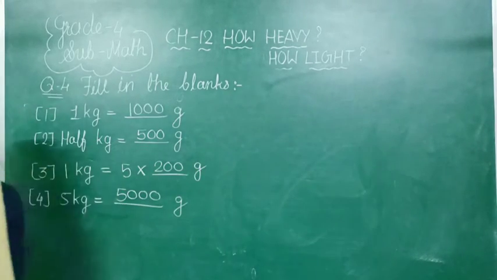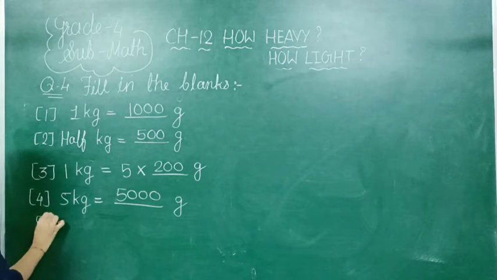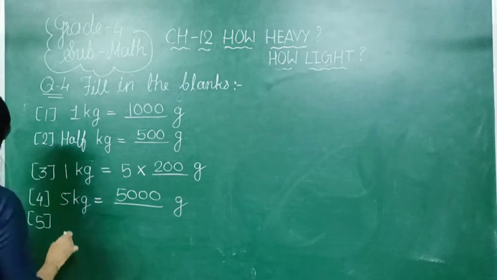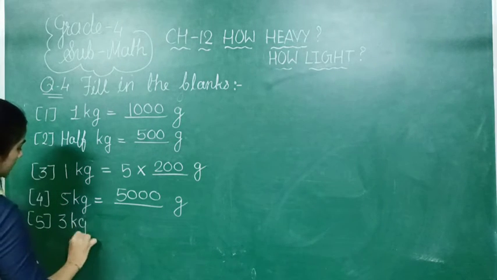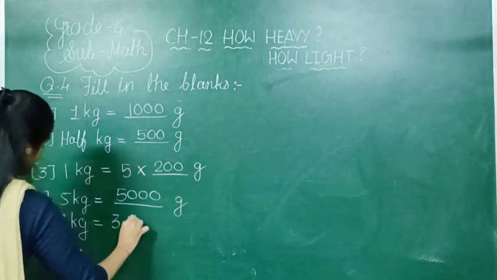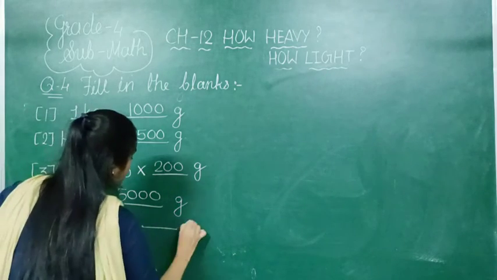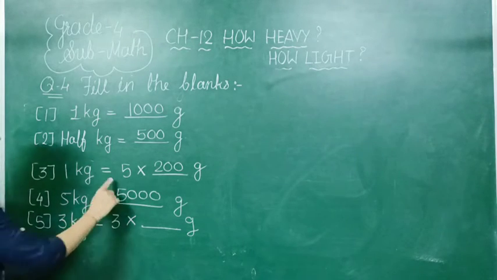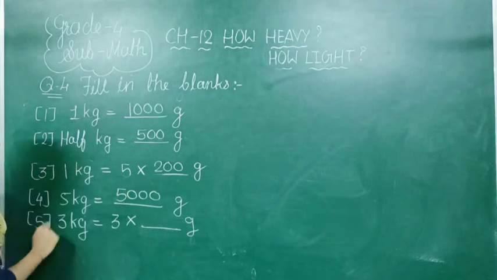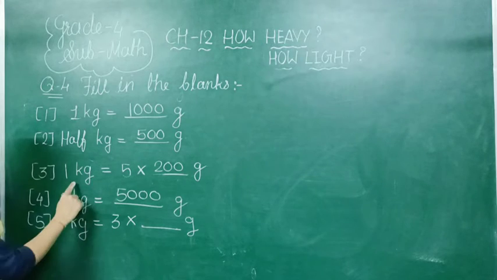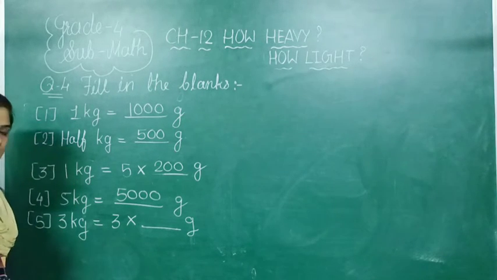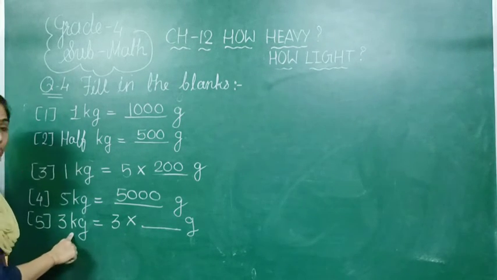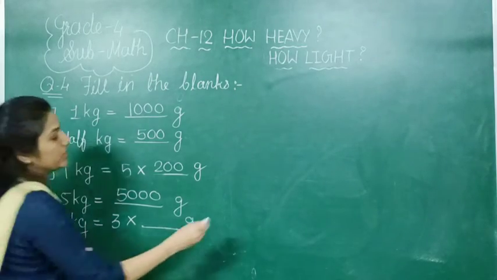Now number 5. The question is 3 kg is equal to 3 multiplied by blank gram. This number 5 is the same as number 3. Again I am repeating, the same method will come. We want to make 3 kg, but 3 is already given.